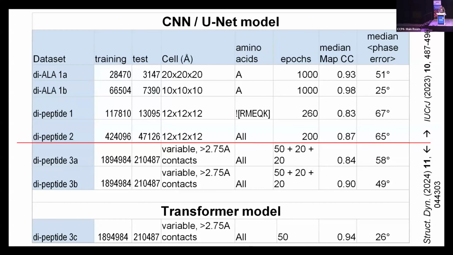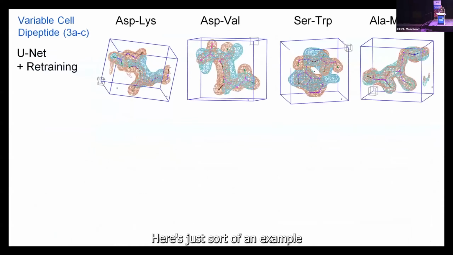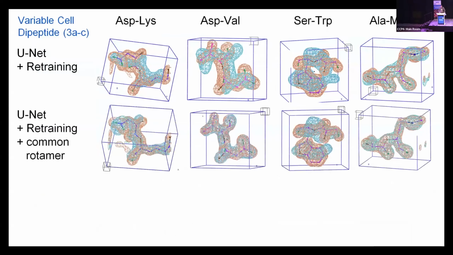And so here's an example of the initial UNet convolutional network results compared to the same UNet, but in addition, we decided to give it some more prior information.